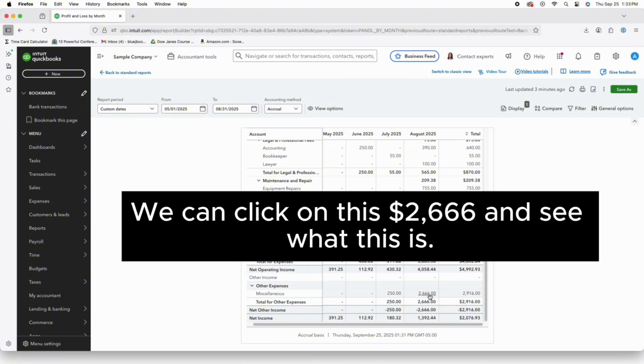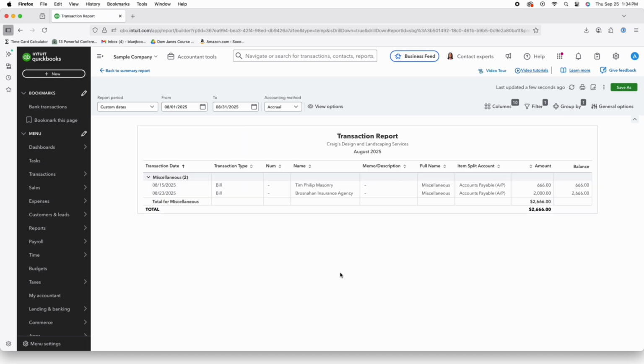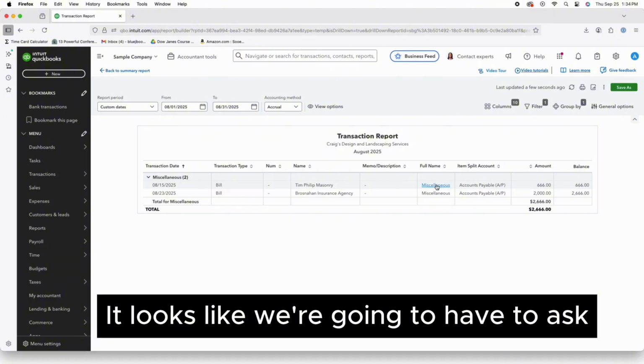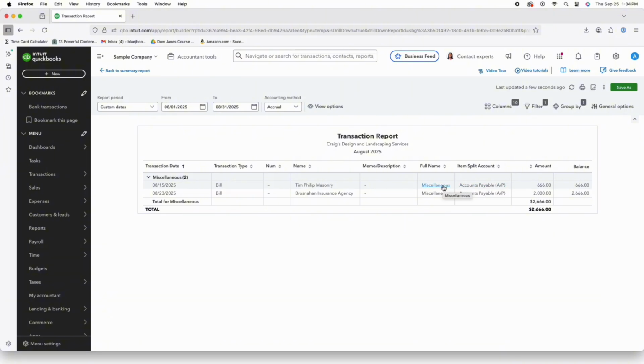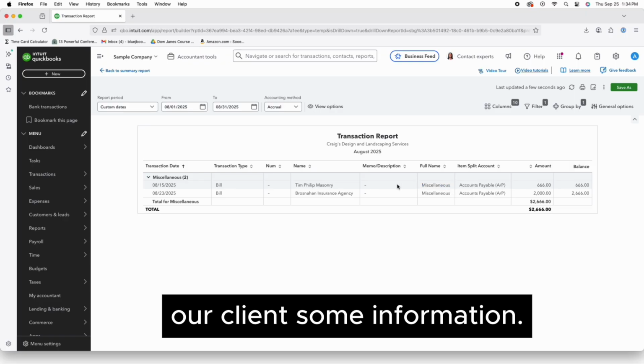We can click on this $2,666 and see what this is. It looks like we're going to have to ask our client some information.